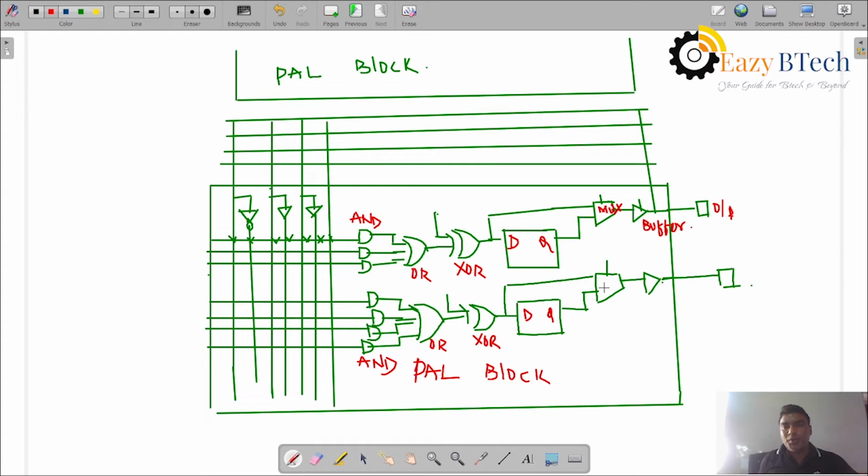The flip flop output is connected to the mux. So the OR or XOR gate output may be connected directly, or it may be stored: the D flip flop is for storage, and the buffer passes the data as it is, from the multiplexer output to the output pin.